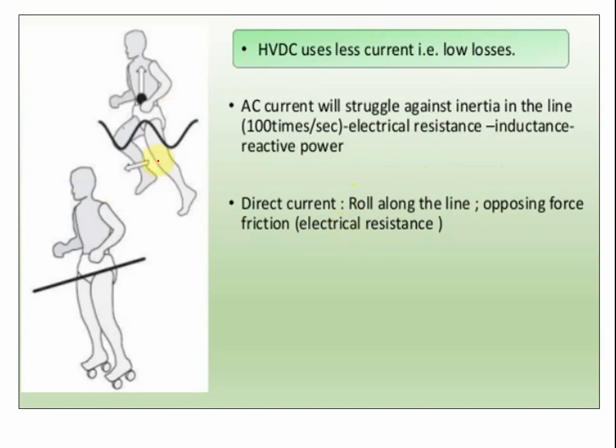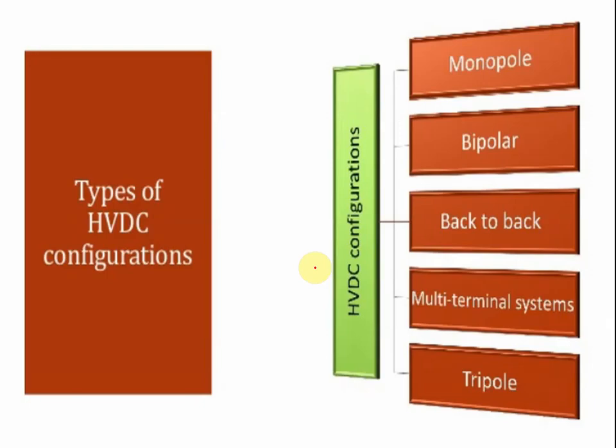From these two pictures we clearly say that in a DC system we have a constant magnitude and not that much loss, but in AC systems we have a number of oppositions, and the magnitude of current and voltage changes with respect to time. At every instant the magnitude changes, so AC current faces more struggle.